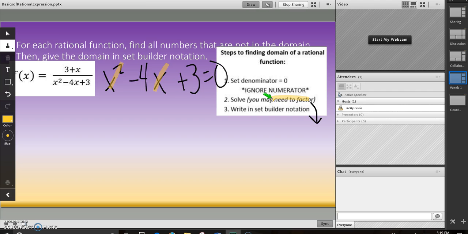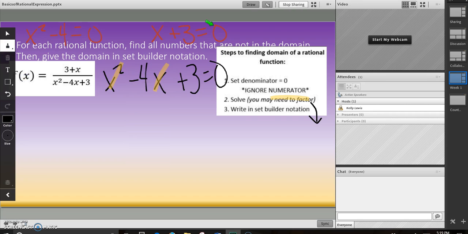When it's just an x squared or just an x, for example x squared minus 4, or x plus 3, you don't need to factor those. Those you just solve because you want x squared to equal a number or x to equal a number. But when you have the x squared and the x, or a t squared and a t, or a w squared and a w, in the same equation, you need to factor it.